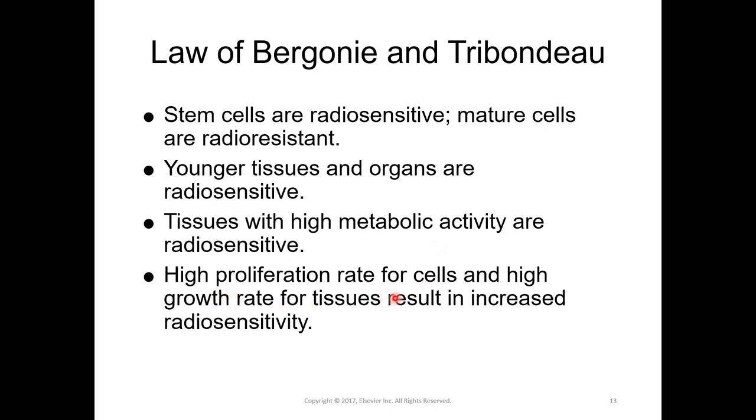And then high proliferation rate for cells and high growth rate for tissues result in increased radiosensitivity. So basically anything that's constantly reproducing or growing, like children who are growing, they're going to be more radiosensitive than more mature or slower growing or slower metabolizing cells within the body.